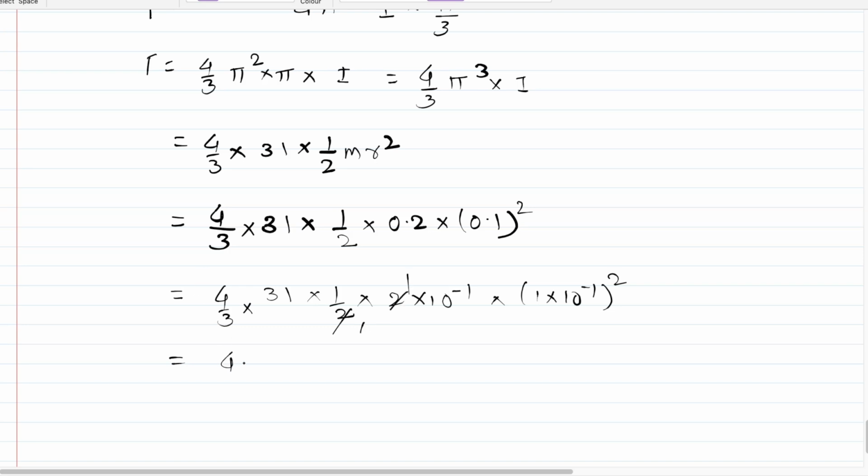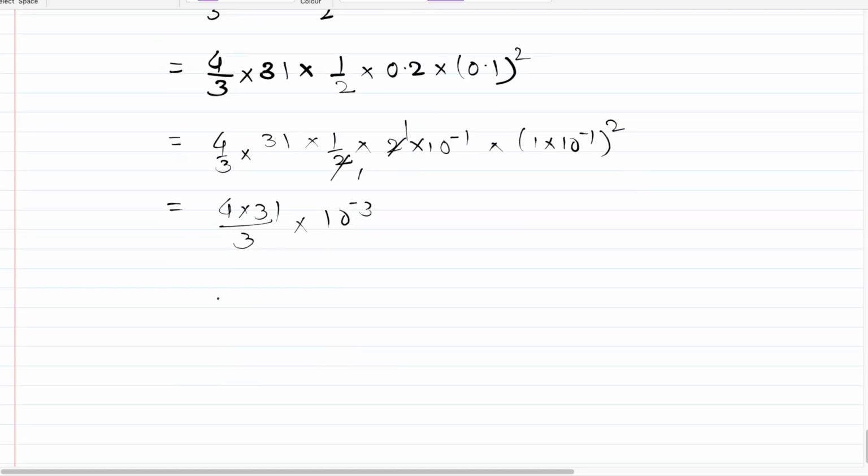Therefore this will be 4 into 31 by 3 into 10 to the power minus 1 and minus 2, therefore minus 3. Therefore after solving, 4 into 31 is 124, so 124 by 3 into 10 to the power minus 3.